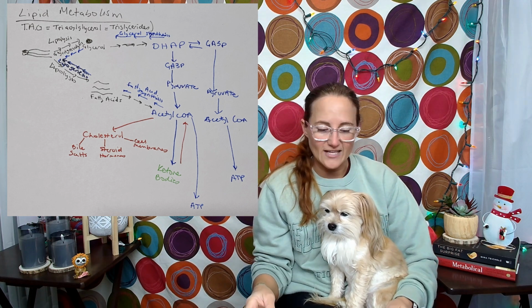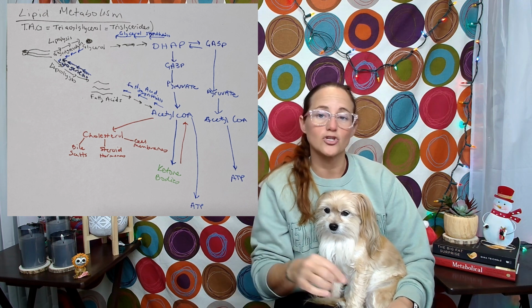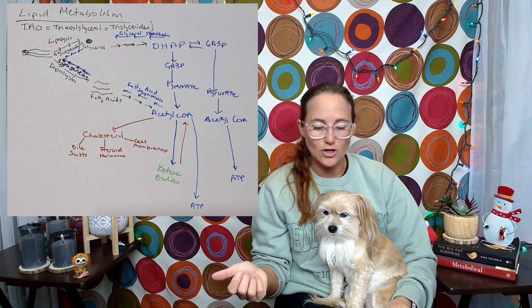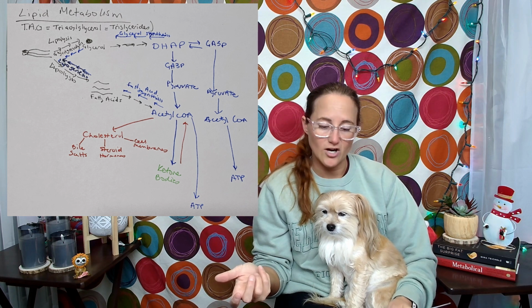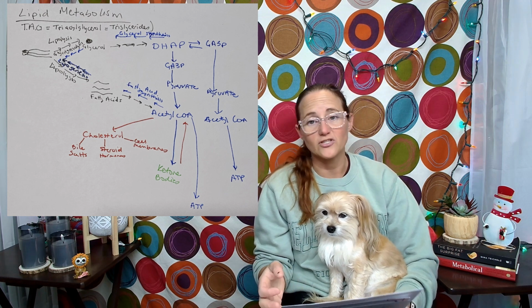Fatty acids are transported to cells where they undergo beta oxidation in the mitochondria to produce ATP. Excess carbs and fats are converted to triglycerides through lipogenesis in the liver and stored in the adipose tissue.